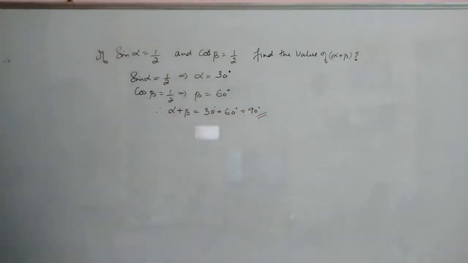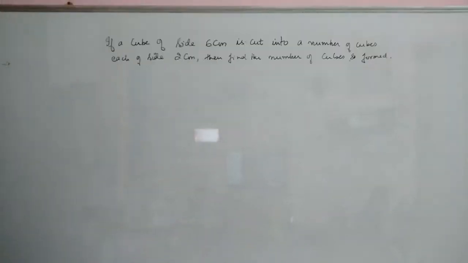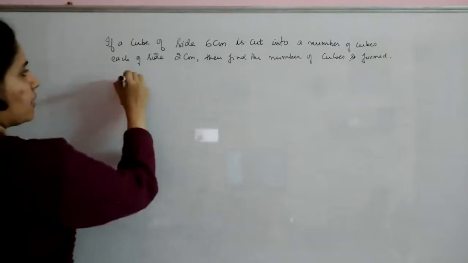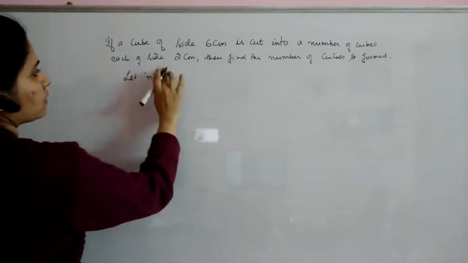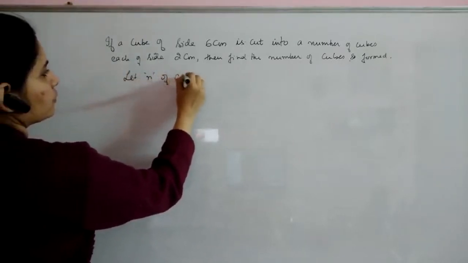Okay, simple problem. If a cube of side 6 cm is cut into a number of cubes, each of side 2 cm, then find the number of cubes so formed. What you need to do? Let n be the number of cubes so formed.